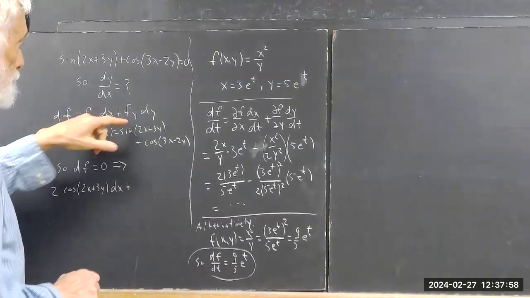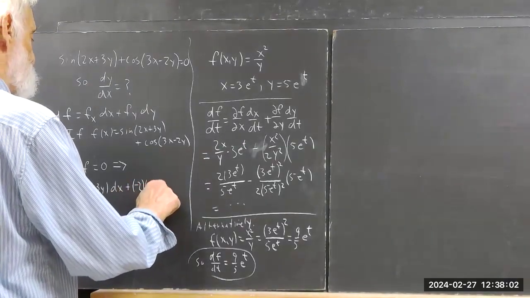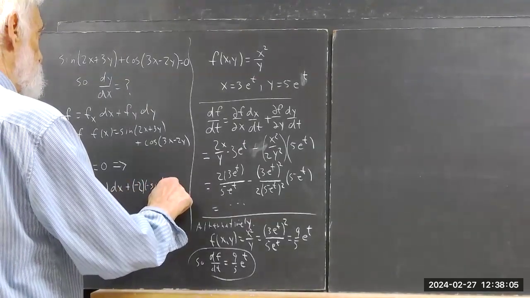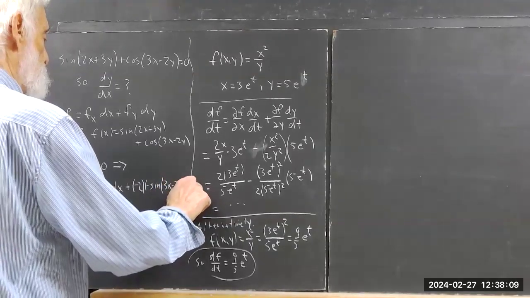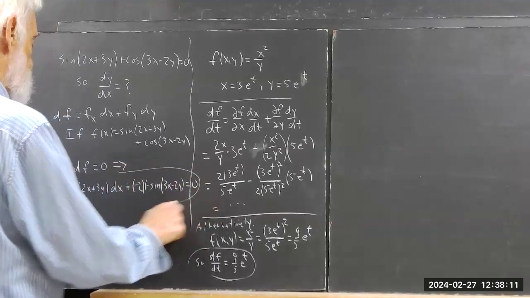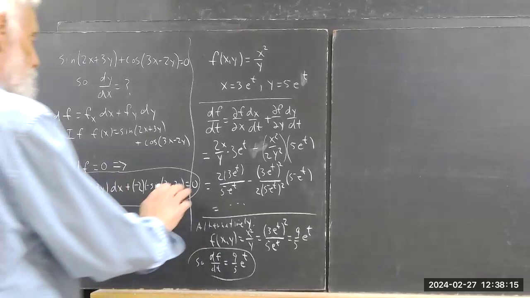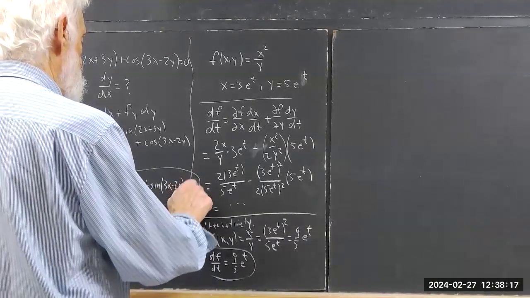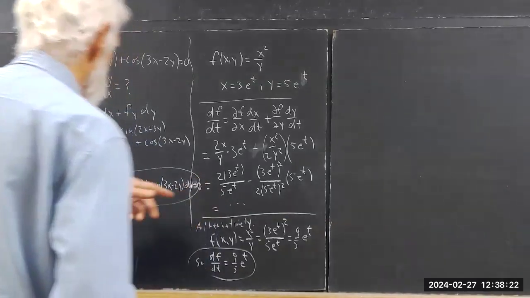And then fy is this. I forgot my new slide. Maybe the zero is not getting obliterated.